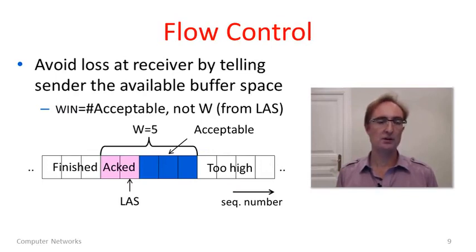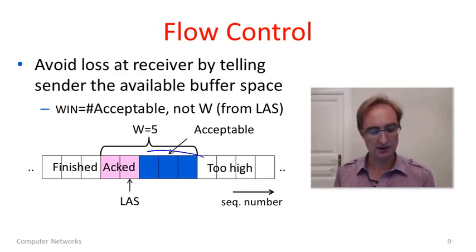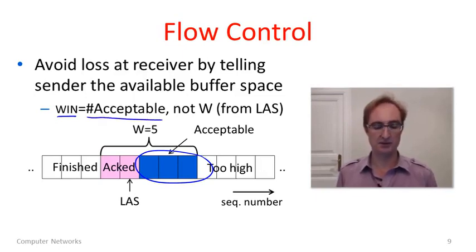What we would like to do with flow control is come up with a mechanism whereby we avoid these kinds of losses at the receiver. And we can do that by simply telling the sender how much buffer space is available. So what we would like to tell the sender is that, for instance, here there are 3 buffer spots available. That's this WIN, the flow control window, which is the number of acceptable segments, or the buffer size there.